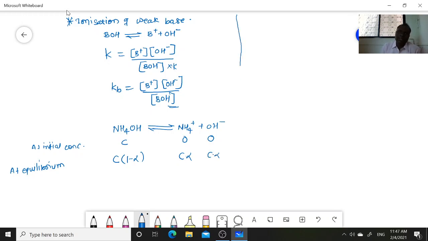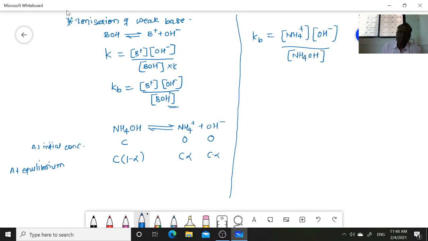Therefore, according to the law of equilibrium, Kb for this equilibrium reaction will be the concentration of NH4 plus multiplied by the concentration of OH minus divided by the concentration of undissociated NH4OH at equilibrium.